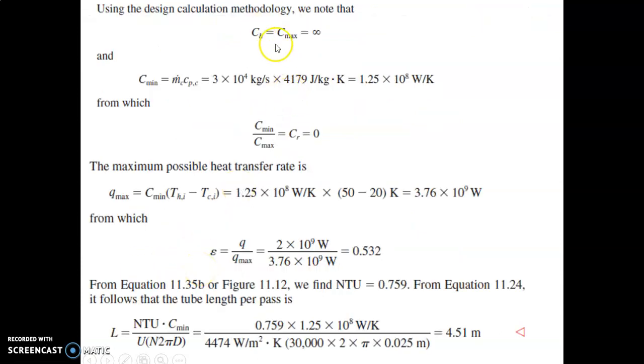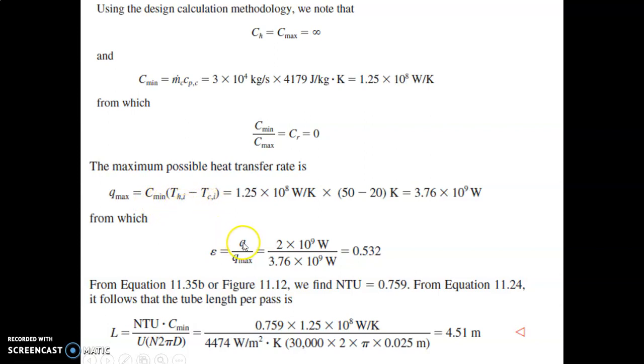As I mentioned earlier, C_hot is infinity and the capacity ratio equals 0. So clearly we can find that C_minimum is for the cold side, the working fluid. The maximum heat is calculated from both inlet temperatures, which are provided in the question.